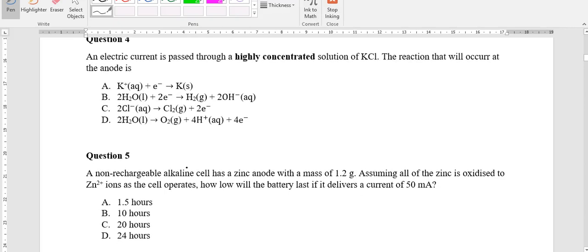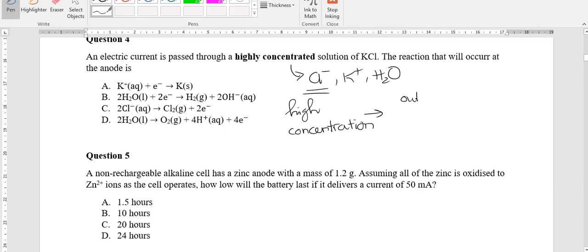An electric current is passed through a highly concentrated solution of potassium chloride, the reaction that will occur at the anode. Now, this is the exception that you need to remember. This is when you have Cl minus, K plus, and H2O present, and you need to remember that when the concentration of Cl minus is high, it can potentially outcompete H2O.